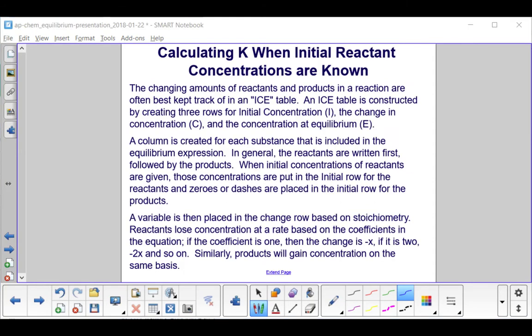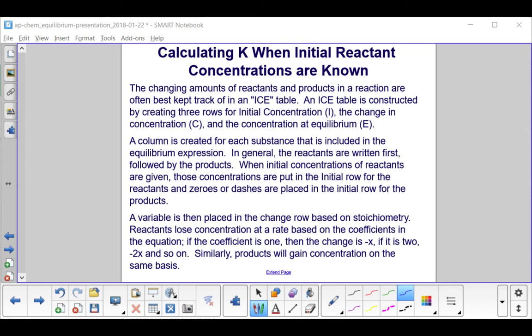So, how do we calculate K when initial reactant concentrations are known? Changing amounts of reactants and products in a reaction are often best kept track of in what's called an ICE table. An ICE table is constructed by creating 3 rows, one for initial concentration, I, one for the change in concentration, C, and one for the concentration at equilibrium, E. A column is created for each substance that is included in the equilibrium expression.